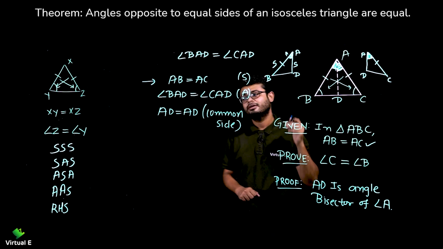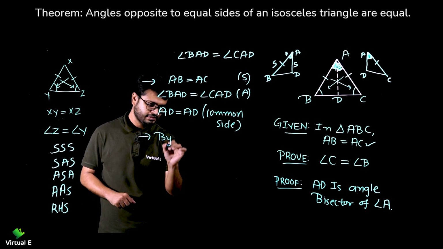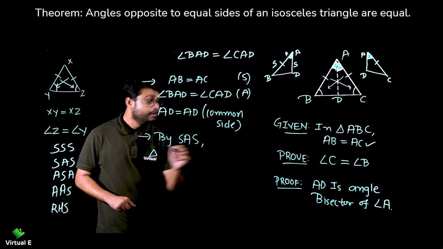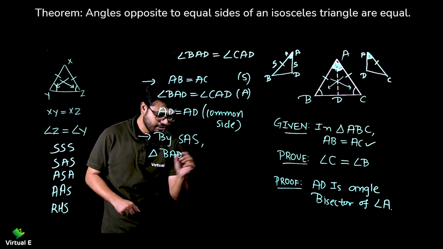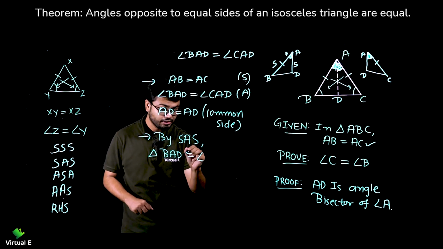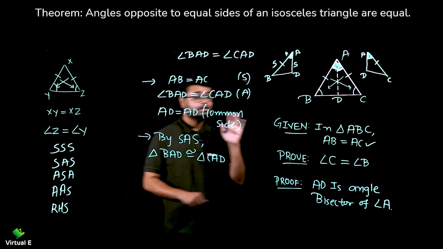Then we can write by SAS criteria, triangle BAD is congruent to triangle CAD, not equal but congruent, right?